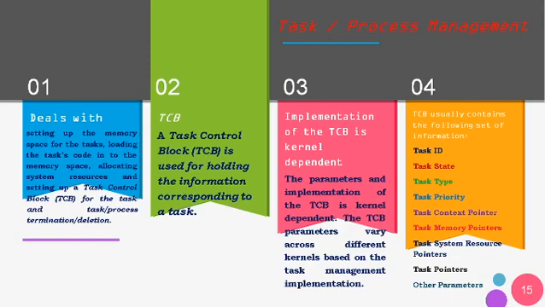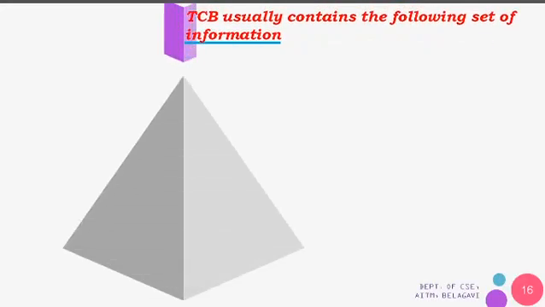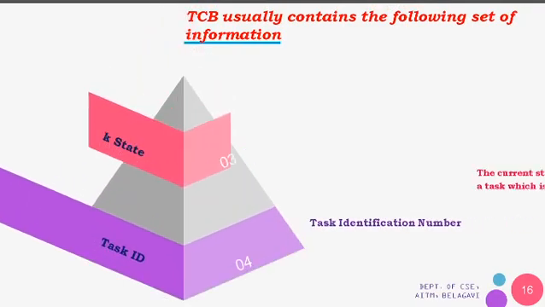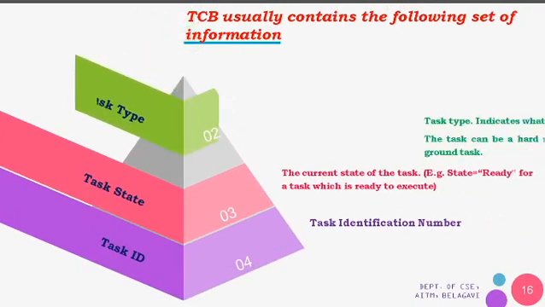A TCB usually contains the following set of information: the task ID, task state, task type, task priority, task context pointer, task memory pointers, task system resources pointers, task pointers, and other parameters. Now we'll see in detail. The task ID contains the task identification number.